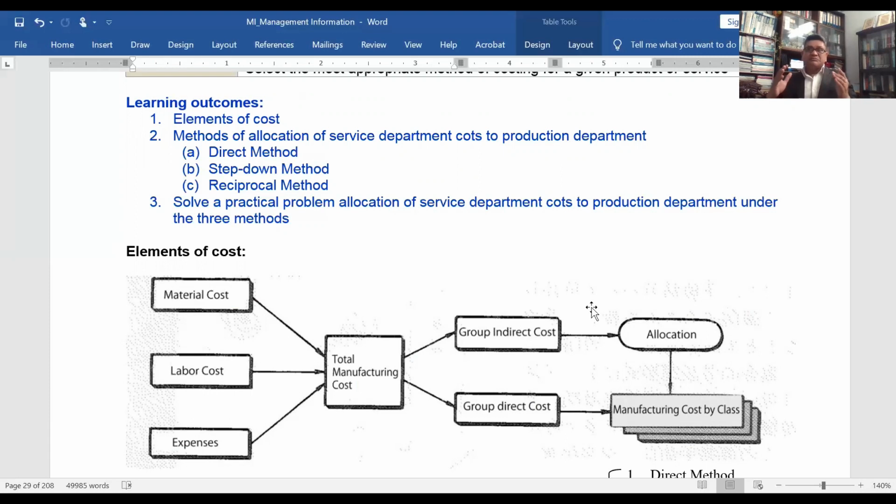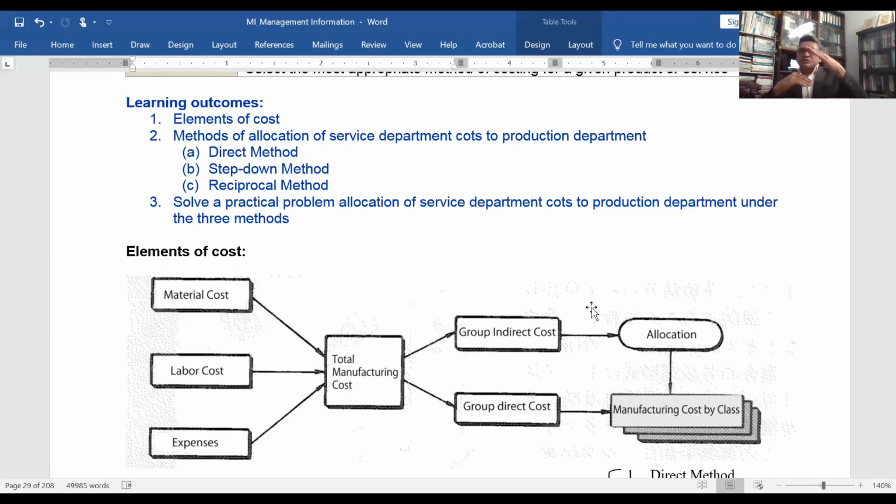And there are three methods: direct method, step down method, reciprocal method. The direct method allocates service department cost directly to production departments, and the step down method allocates step by step, and once a service department is closed after allocating, it never comes back to another service department allocation. And the reciprocal method is continuing reciprocally.